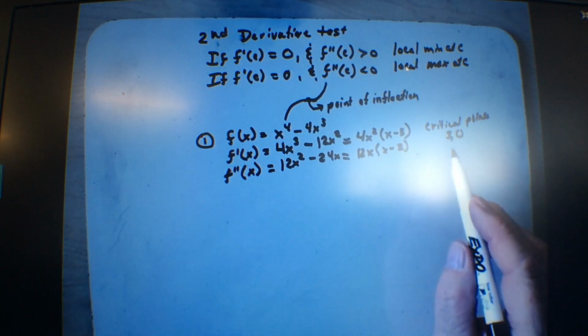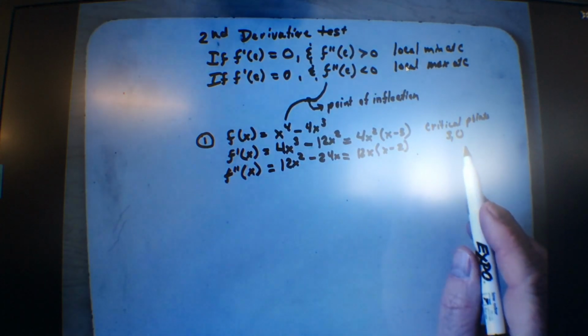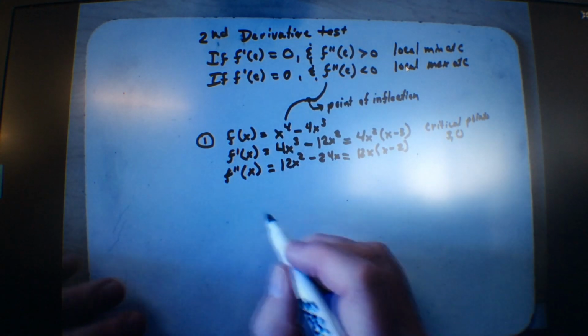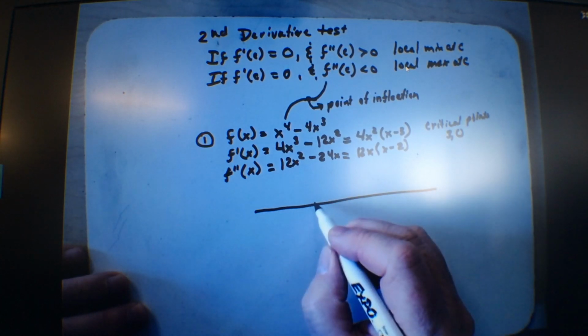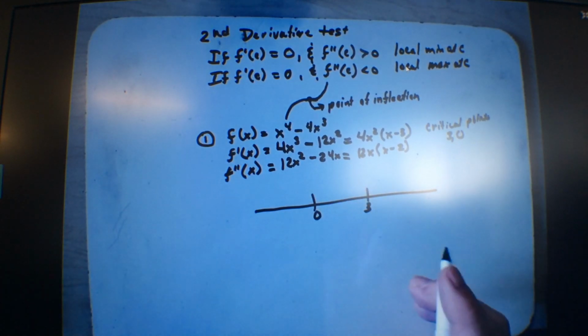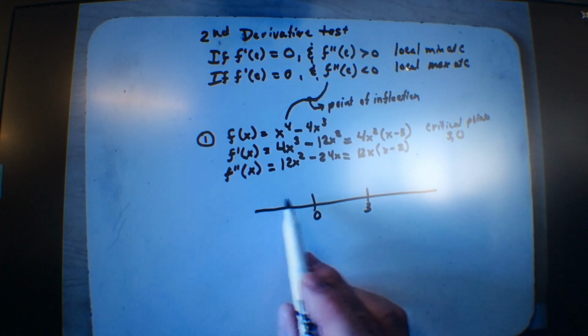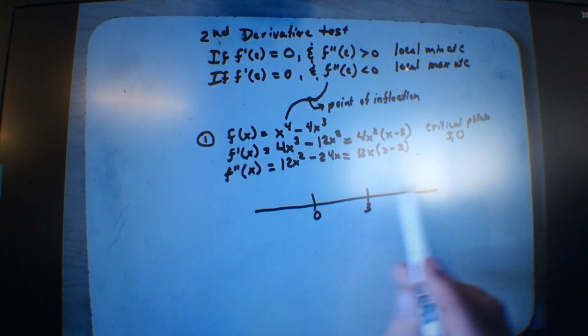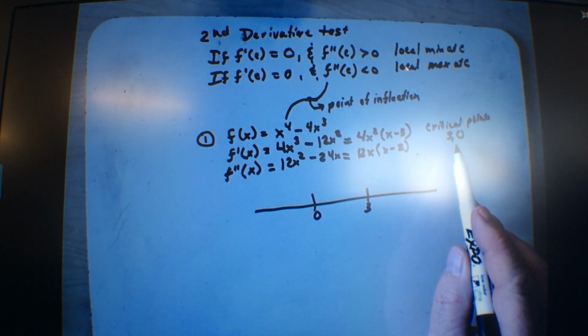All right. So let's start with the critical points. Are we good? Okay, what I'm going to do is put the critical points on a number line. We're going to have 0 and 3. Let's check the area over here, and here, and here, to see if these are maximum or minimum points.